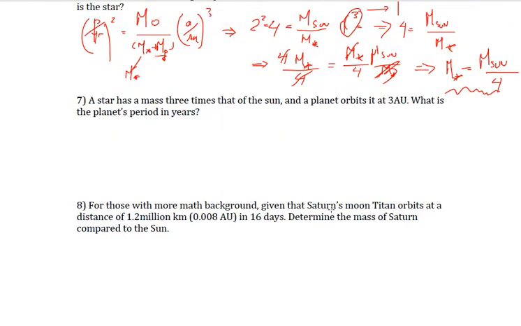The next question uses the same equation. A star has 3 times the mass of the sun, and the planet orbits at 3 AU. So we'll simply use the same equation.